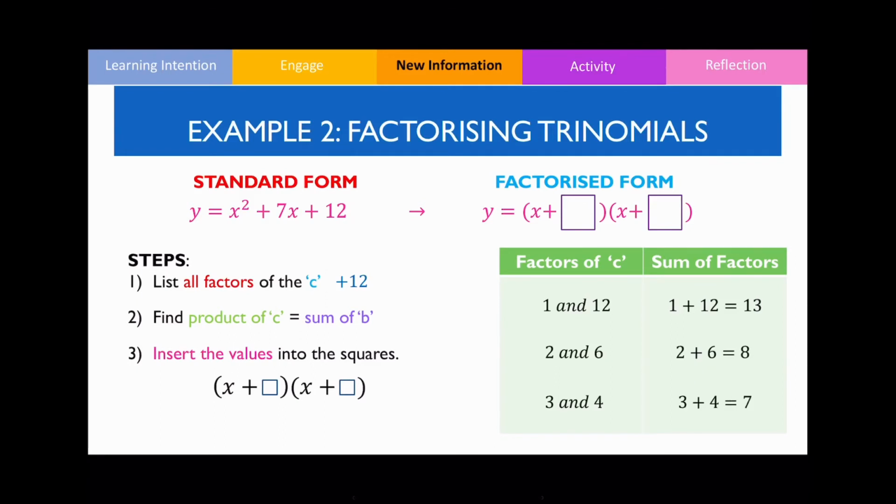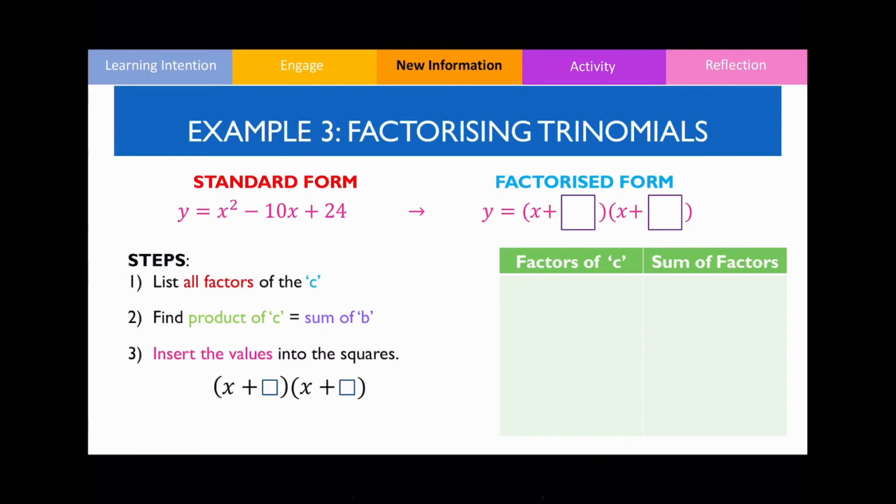What I want to do is select the factor pair that gives me the value of b. In this case, the value of b is equal to 7. So I'm going to be selecting 3 and 4, because 3 times 4 gives you 12, but when added, that gives you the middle one, so 7 in this case. So all we need to do is substitute those values directly into the squares, and this is going to be my actual answer, okay?